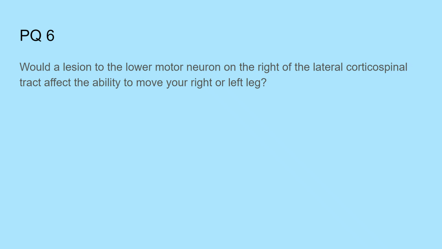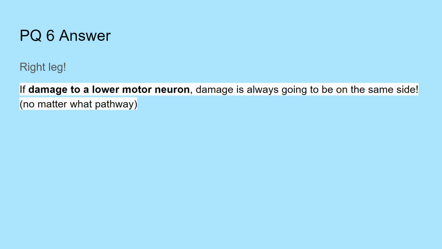Yeah. It's the right. Why? It's the lower motor neuron, it doesn't. Yes. So damage to motor neurons always occurs on the same side of the body, no matter what the pathway is, because those never cross over.